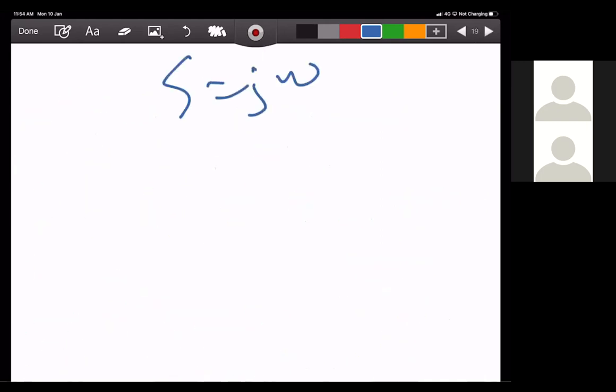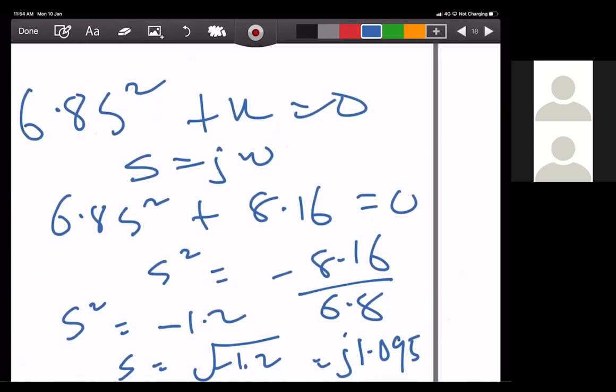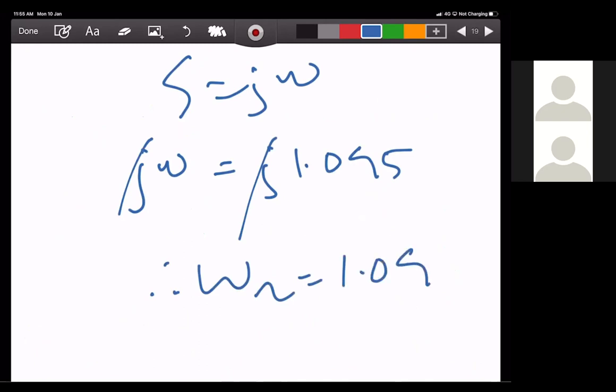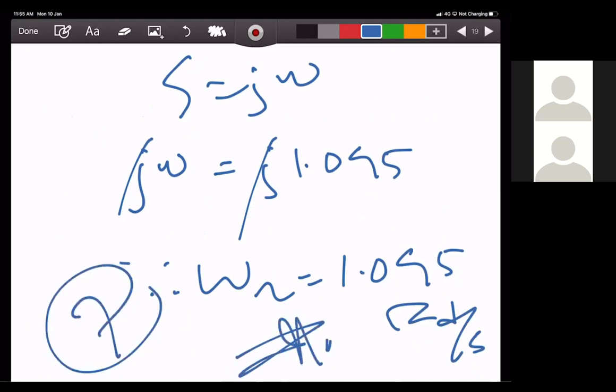S is equal to J omega. So J omega equal to J 1.095, kan. So that's why your omega n is 1.095 radian per second. So that's dah habis.